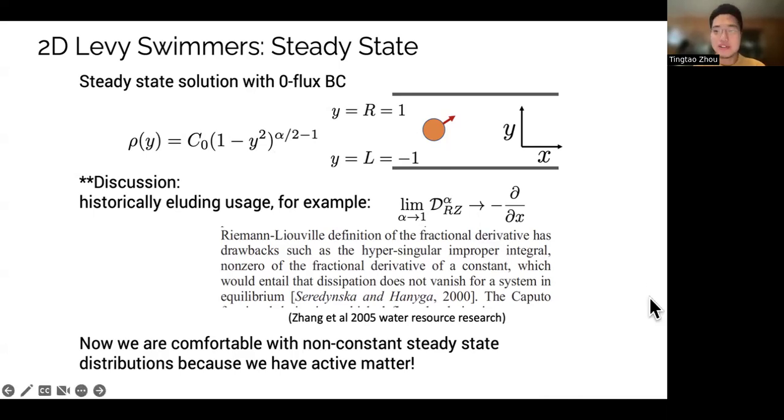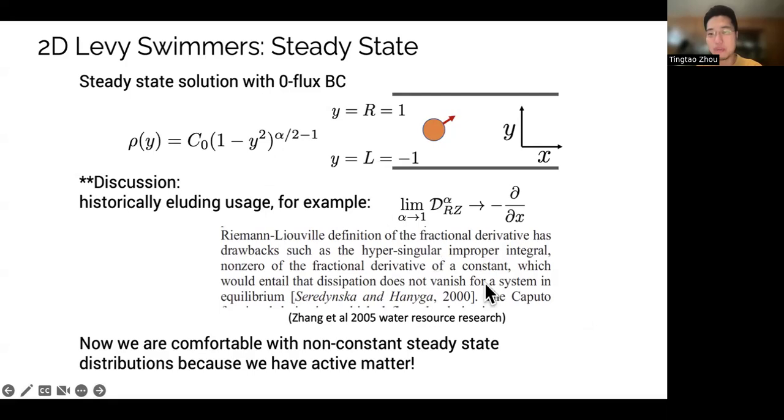So maybe this is obvious for mathematicians who are familiar with fractional calculus, but in other fields like engineering, historically, these fractional operators have been somewhat confusing in the literature. Because people were worried that if you use a Riesz derivative, you can come up with a non-constant steady-state distribution, and that's very counterintuitive traditionally.